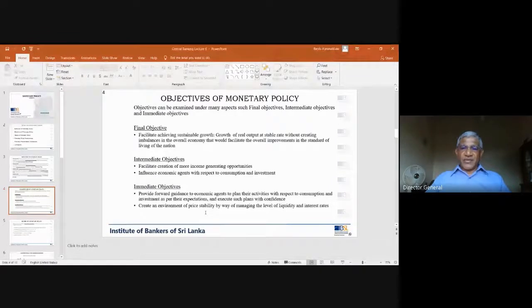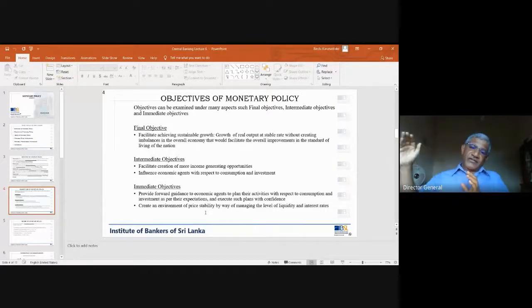I have to mention here that if you read 10 different articles or 10 different books on monetary policy, they will present them in different words and terms, but they all refer to the same thing.